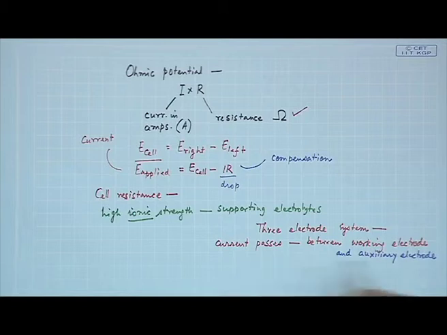So, the entire current is passing through the working electrode, and we bring in an auxiliary electrode, which is also known as the counter electrode.